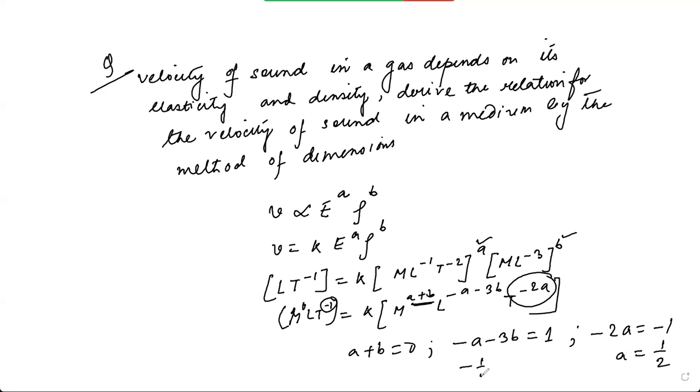Now minus half minus 3b equals 1, so b equals minus half. And a plus b is 0, so from here also we can calculate b as minus half. So the value of a is half and b is minus half.